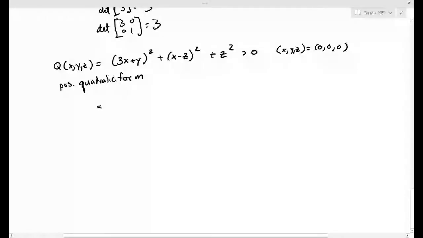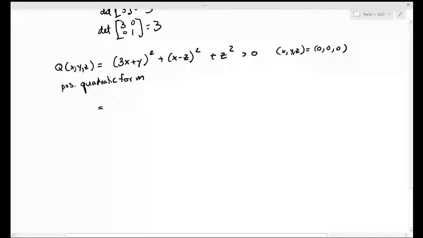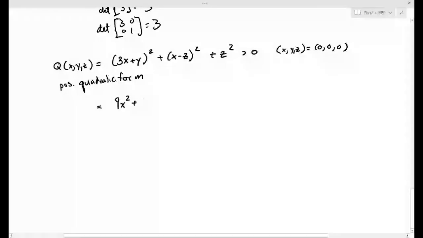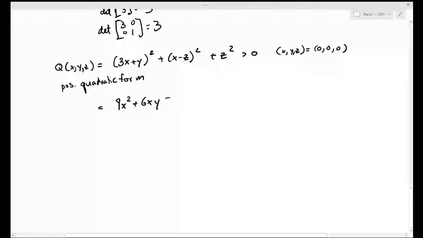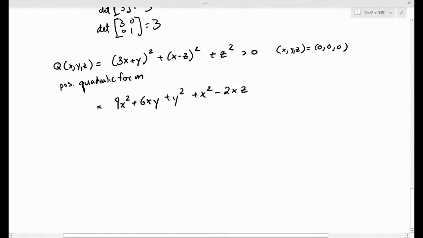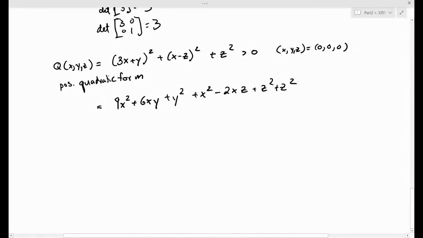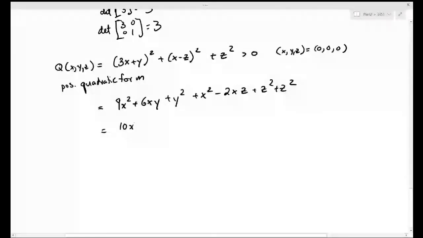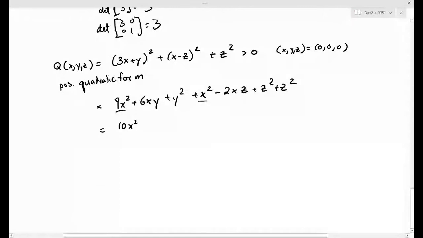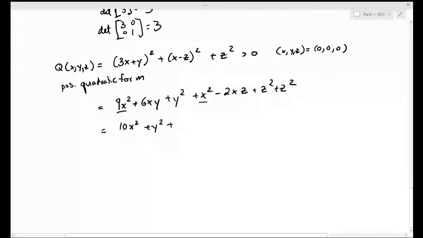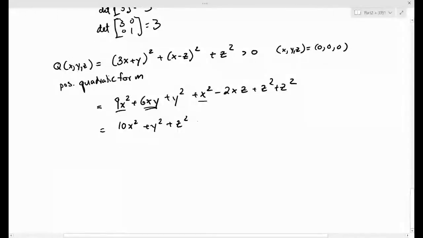Okay. Now, if we multiply this business out, it's not as obvious. But we can gather the x squared terms and the y squared terms, and then the mixed terms.